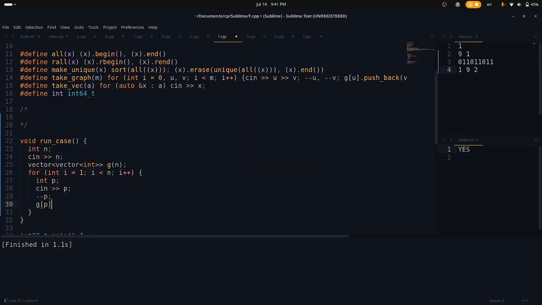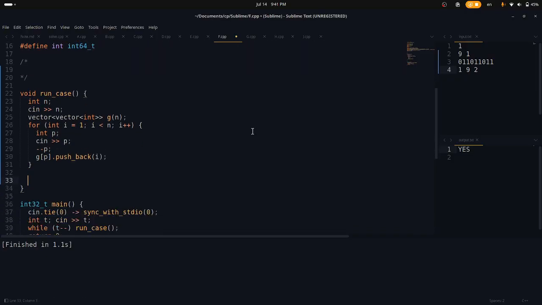So g of p dot pushback I. So the children must be in the order of the input. And then we have values.